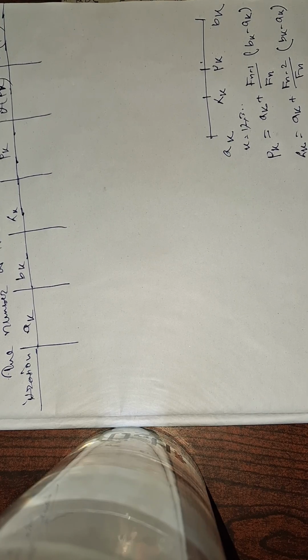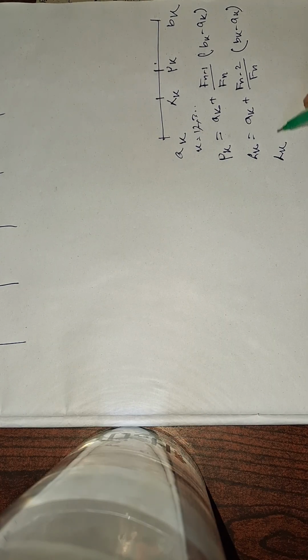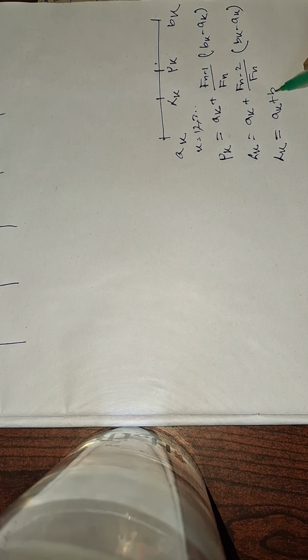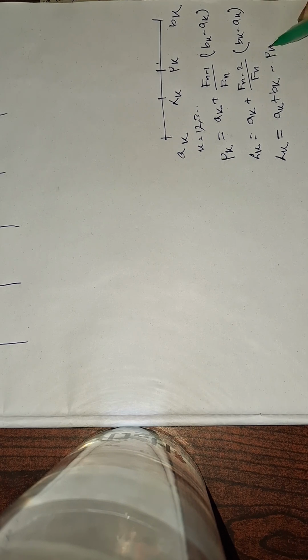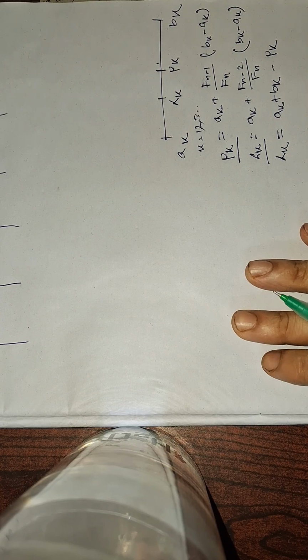Or we can also find the lambda k value by ak plus bk minus mu k. This is also a possible way. So here we can find the values of mu k and lambda k.